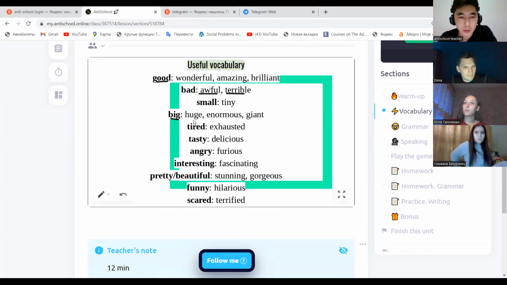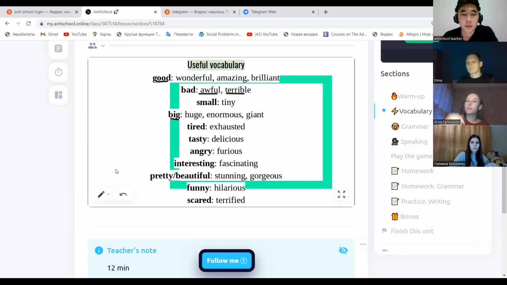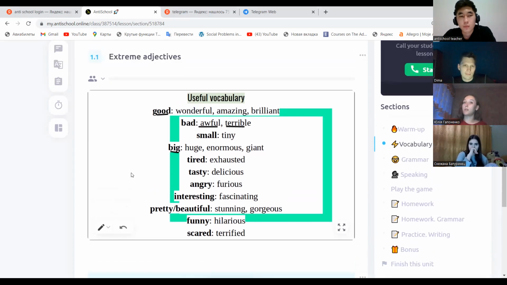Yulia, can you make a sentence using huge, enormous, or giant? I was at the supermarket and bought a huge cake for my birthday.